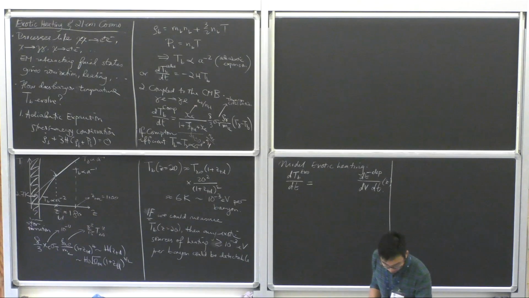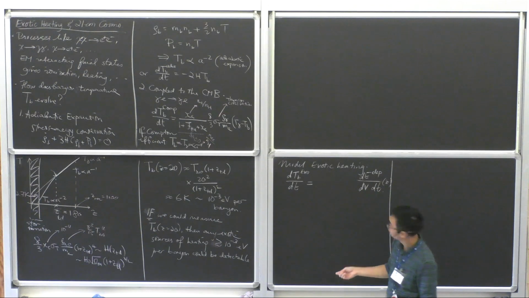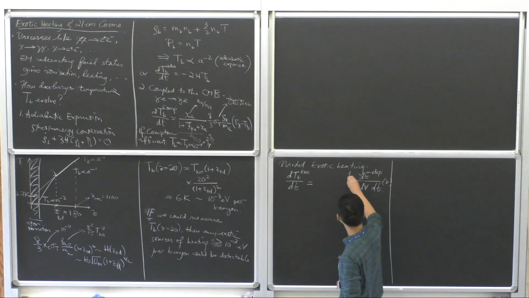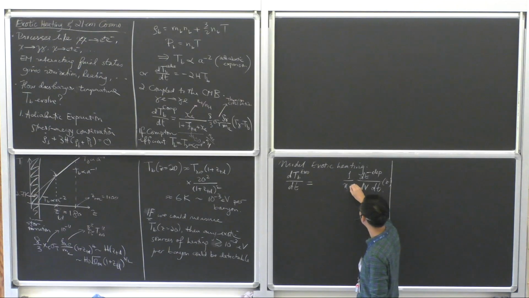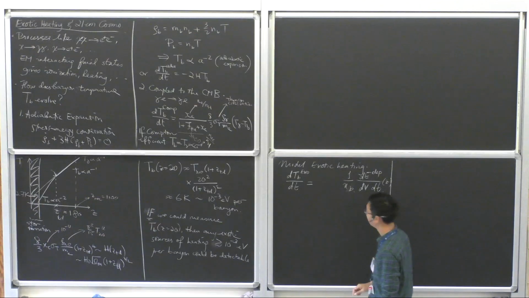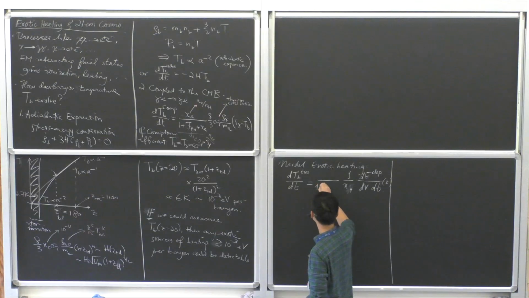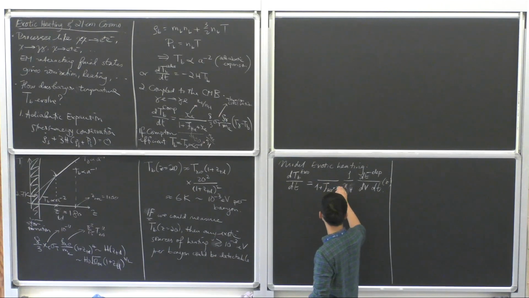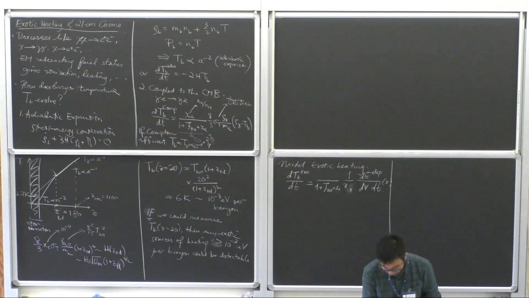So this is something that we have to compute based on our exotic heating model. And then, we have to do the same thing again, like this is an energy, so we have to convert to temperature. And so that just means that I need to divide by the number of baryons, which is NH times this funny factor here. So again, it's like the number of degrees of freedom per unit volume.